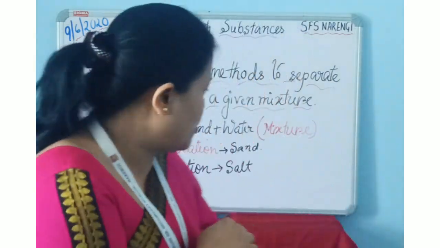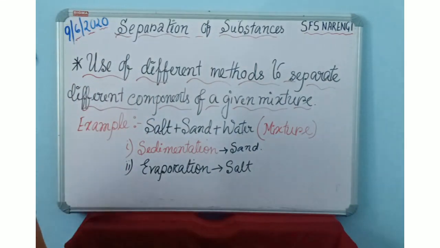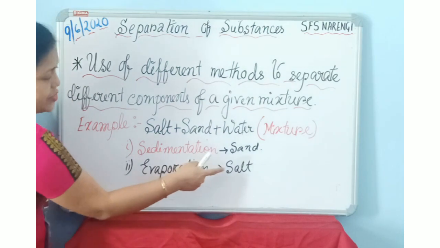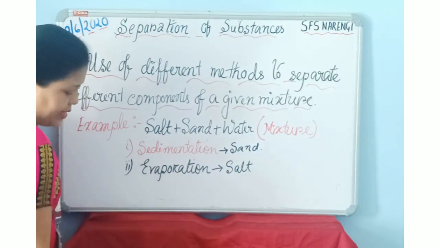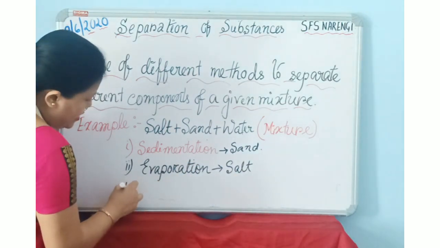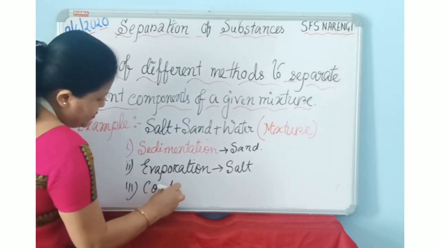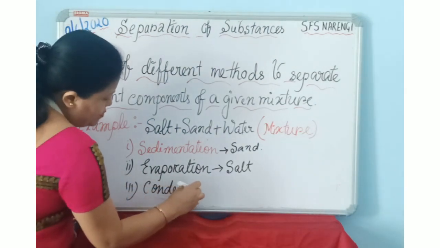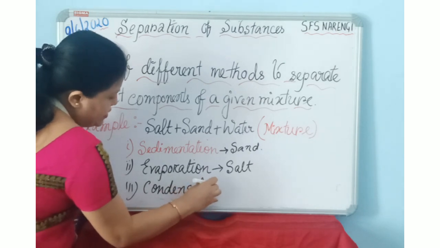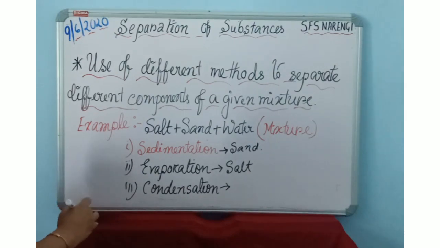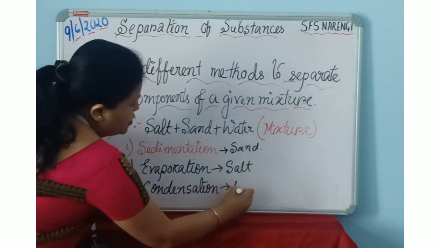Clear, students? So we can write like this. Evaporation will help in separation of salt. Then we can add here the process of condensation will result in separation of water.